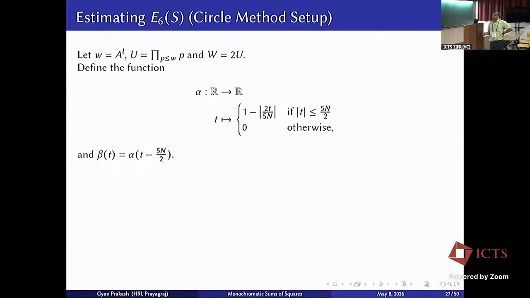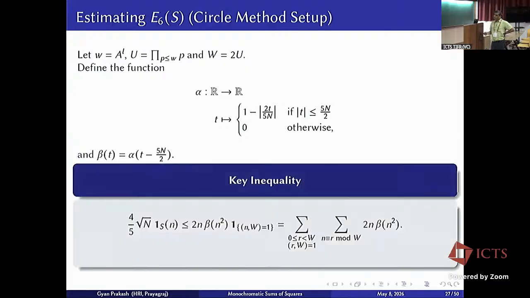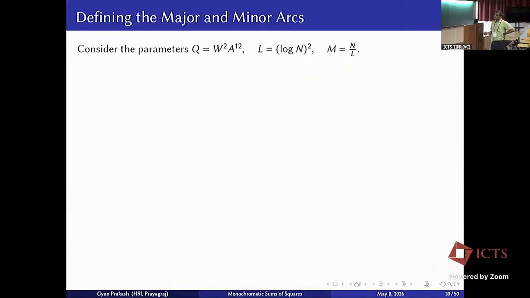So the W here is bounded as a function of A. And Q I will take as W squared A to the power 12. So again, the capital Q is bounded for me. The length of the interval I will take L equal to log n squared and M equal to N by L. So the length of the interval is N by log n squared.